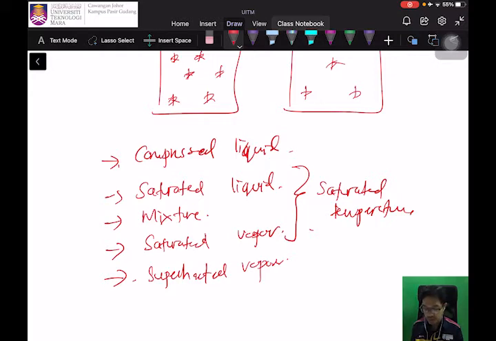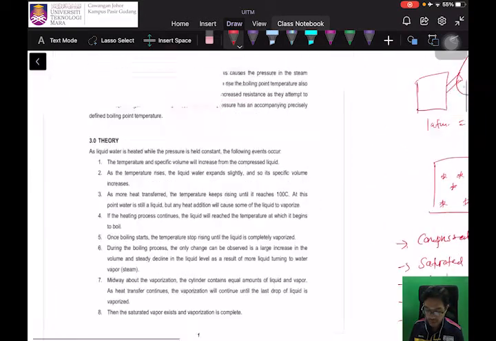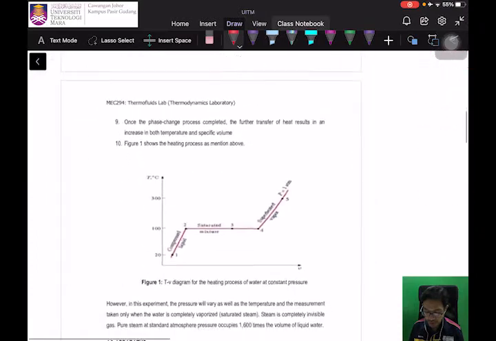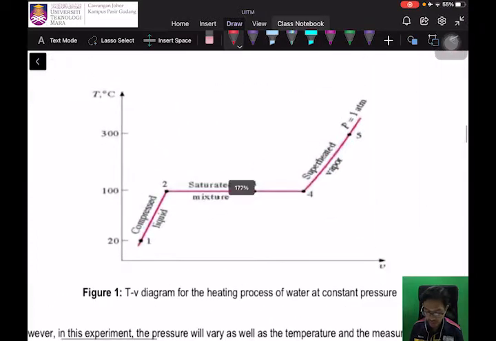During the heating process from saturated vapor into superheated vapor, both are still vapor, and there will be a change of temperature, no change of phase. Okay, so here I will illustrate more of it in this diagram, which is compressed liquid, saturated liquid at state number 2, and then from state 2 to 4, or specifically at state number 3, which lies between state 2 and state 4, is a saturated mixture.